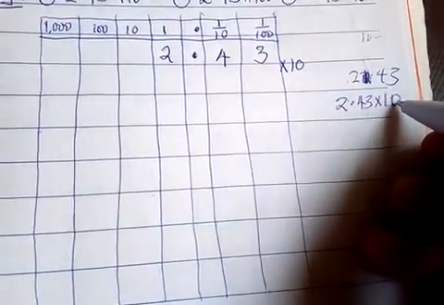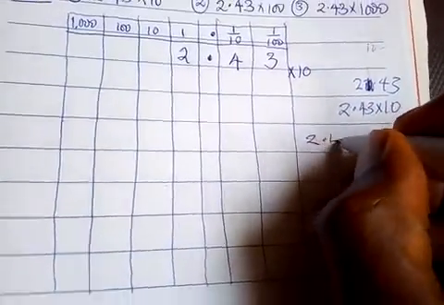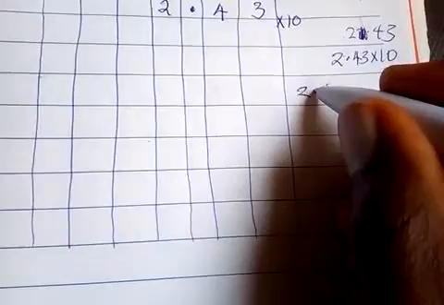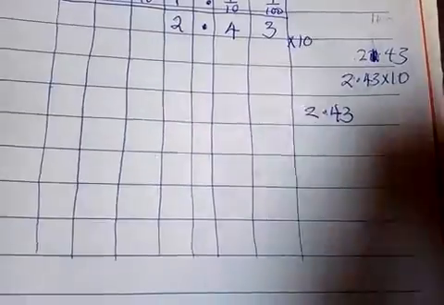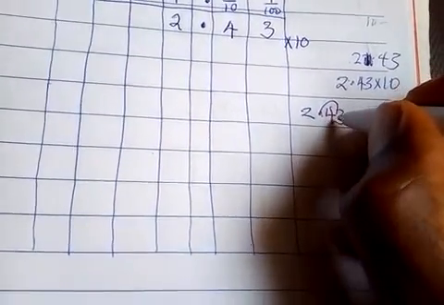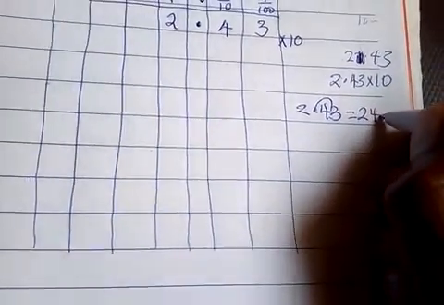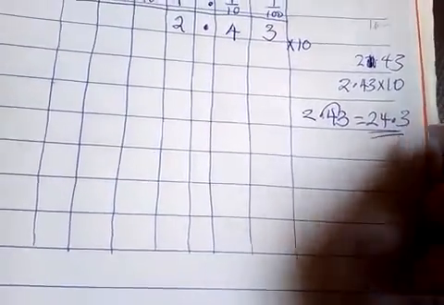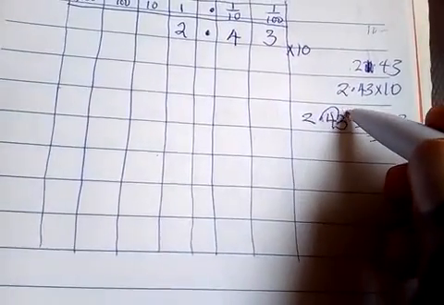So 2.43 times 10, the answer will be 2.43. Then the period goes above and stops here, so you get 24.3 as your answer.